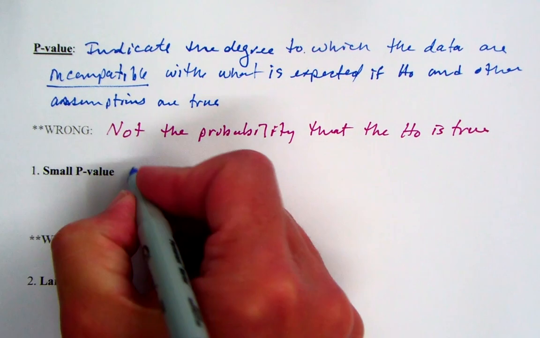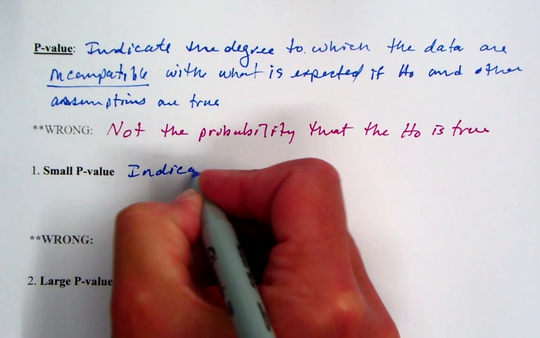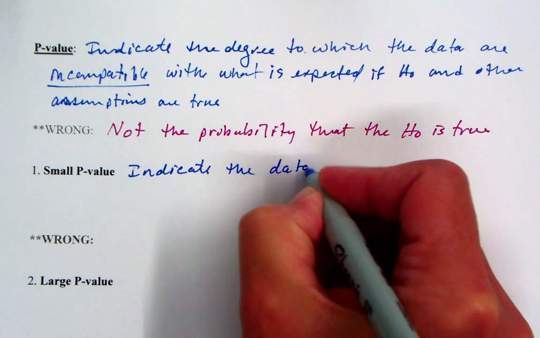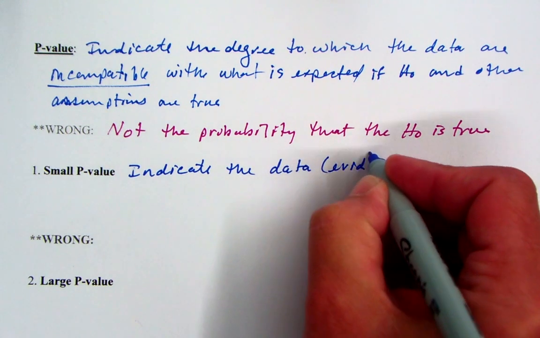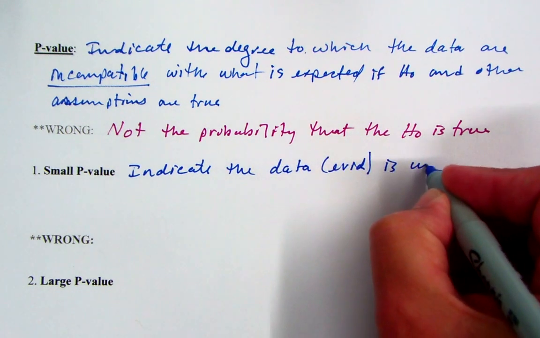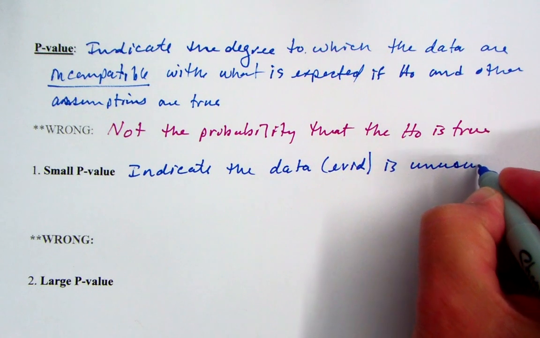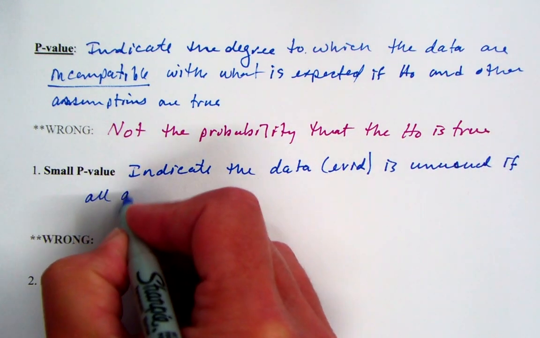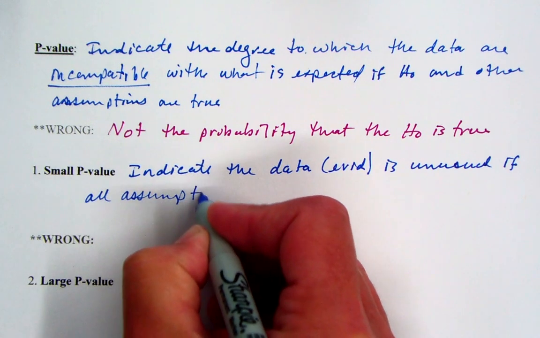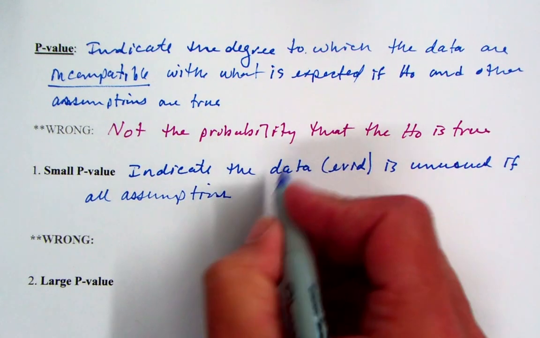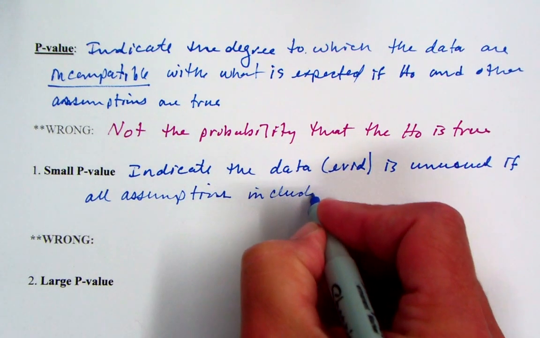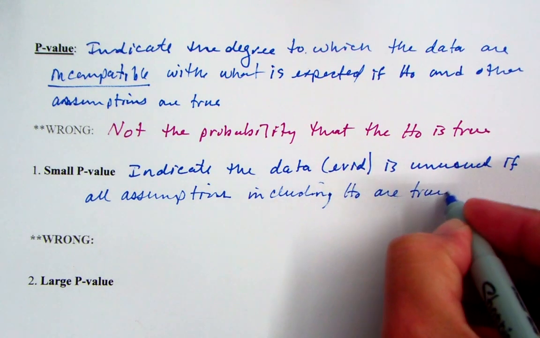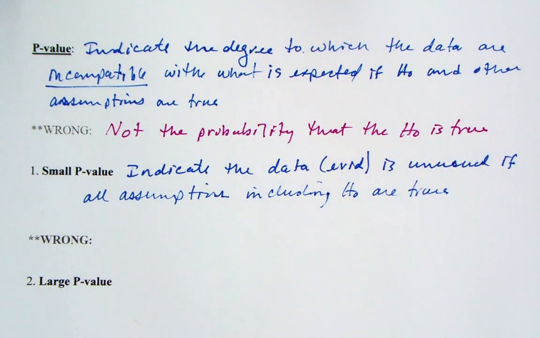So a small p-value is going to indicate that the data, which again is our evidence, is unusual if all the assumptions that we need to make to run this test, such as the null, are true. We really don't know if the assumptions are true or not.